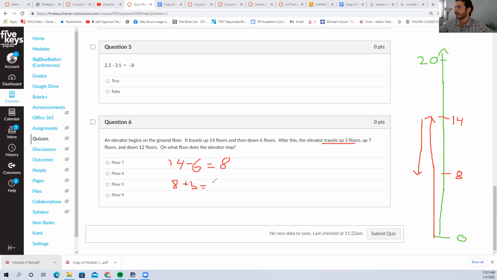Puts me at 11. And then it's going to go up 7 floors. And 11 plus 7 gives me 18.